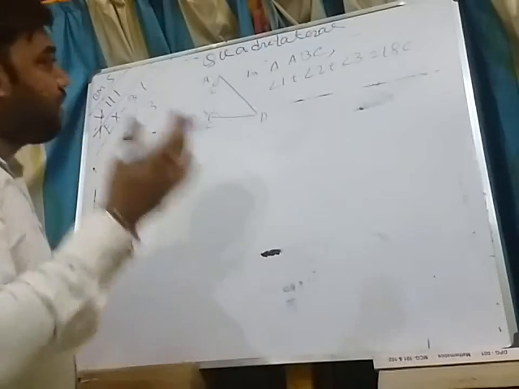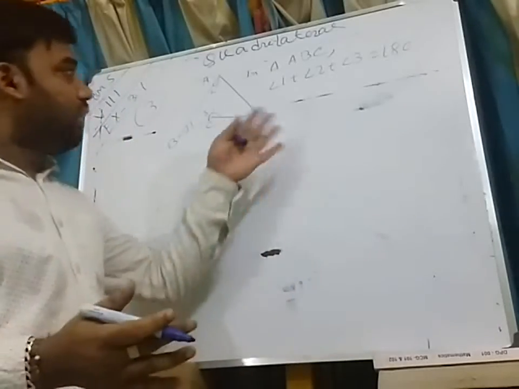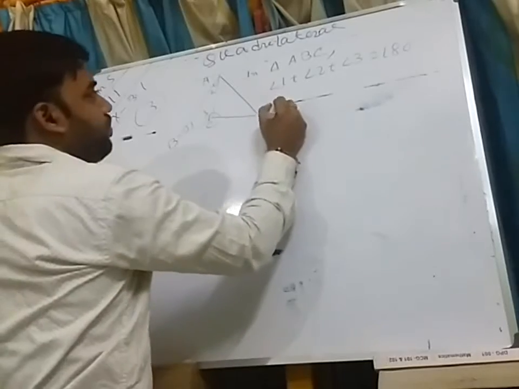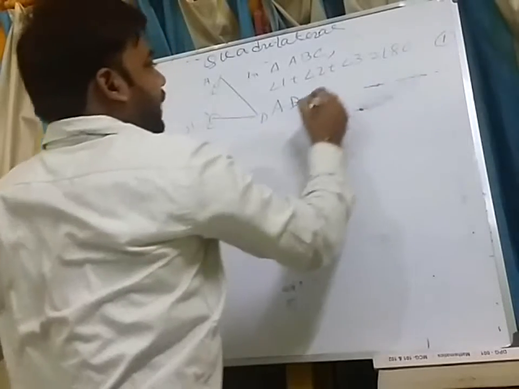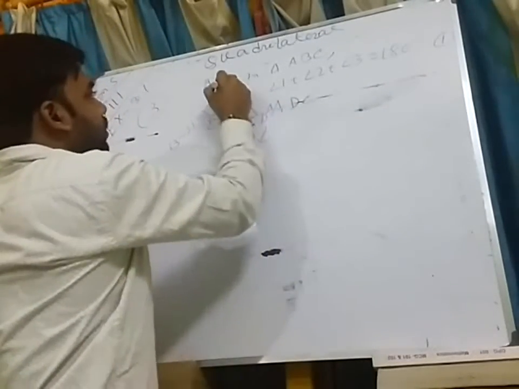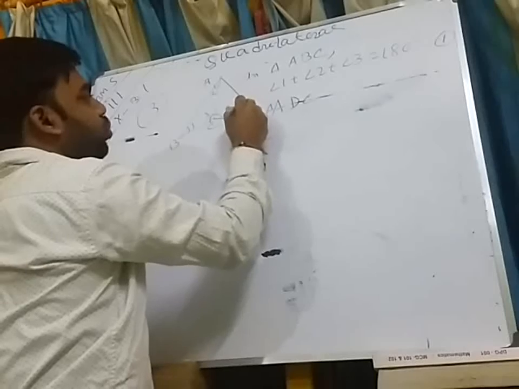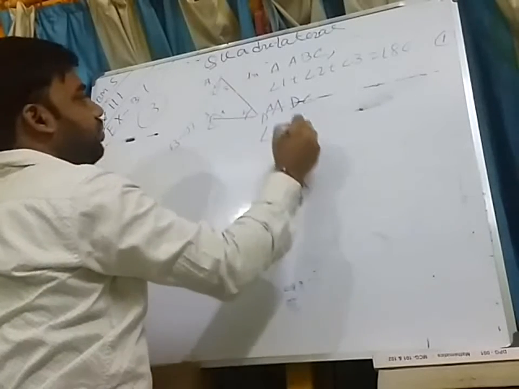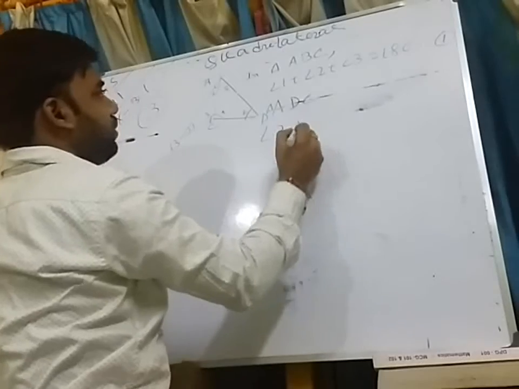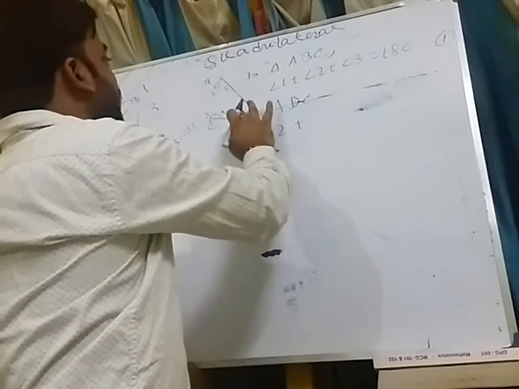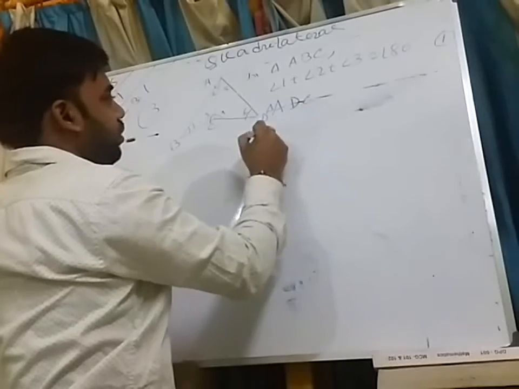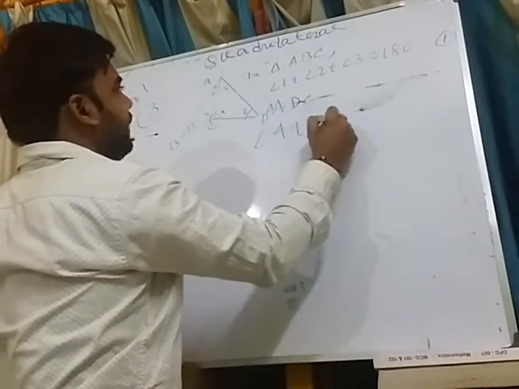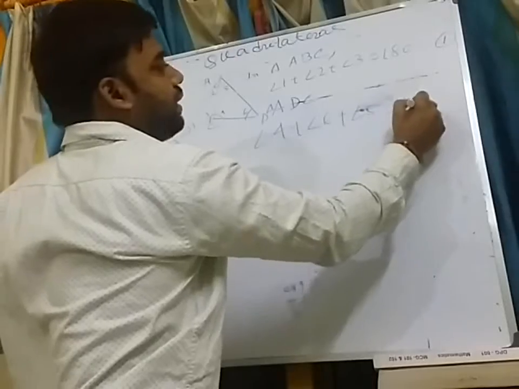By the angle sum property, the sum of the angles of a triangle is 180 degrees, and using the other triangle, taking angles 4, 5 and 6, angle 4 plus angle 6 plus angle 5 equals 180 degrees.